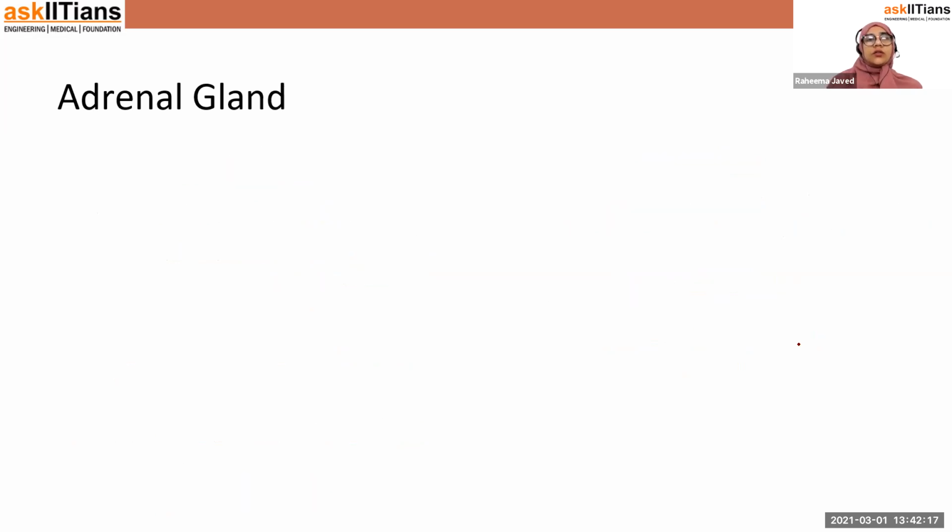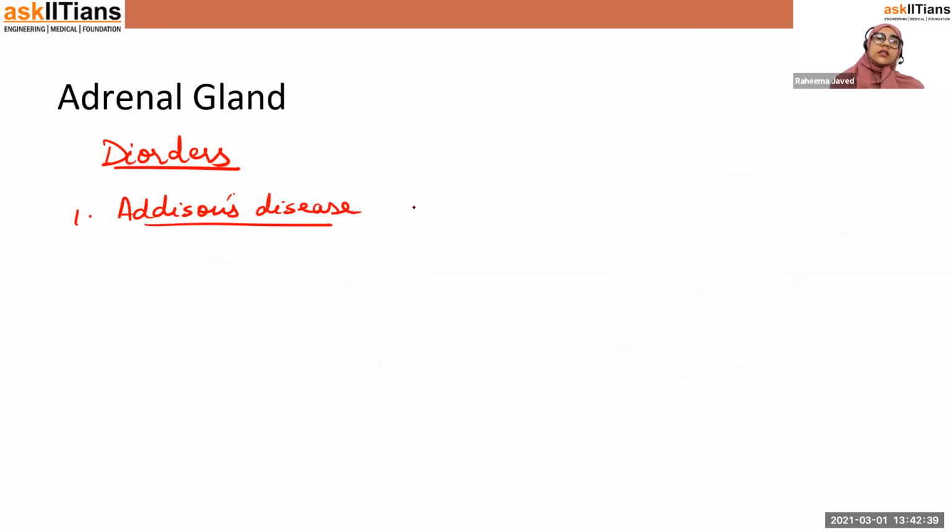Okay, so with this we have come to the disorders of the adrenal gland. The first disorder is Addison's disease. This is caused due to the deficiency of mineralocorticoids, aldosterone.